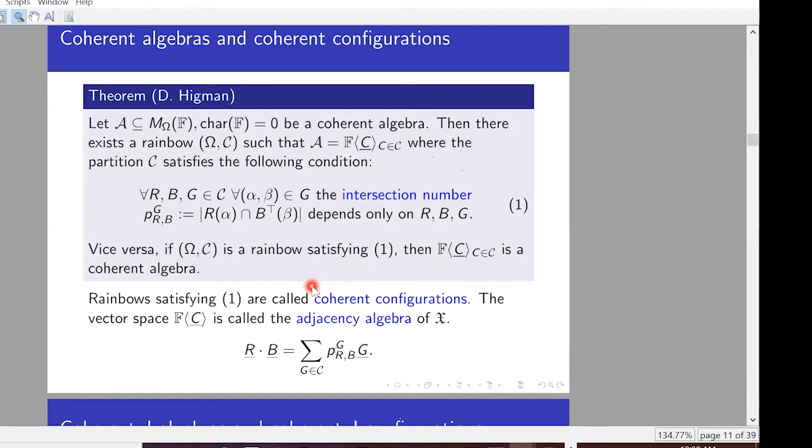Now, if you start with the coherent algebras, and let me assume that the characteristic is 0, then there is a rainbow such that the adjacency matrices of my relations form a basis, and there is one additional condition which this rainbow should satisfy.